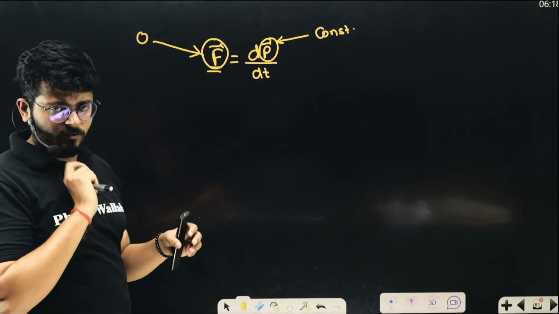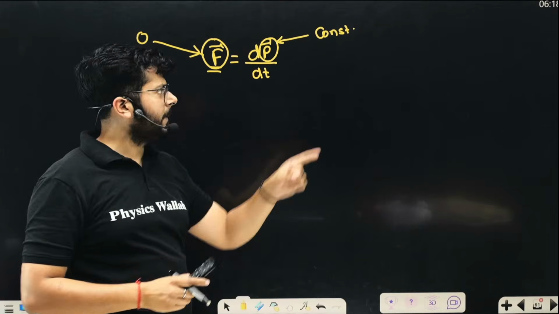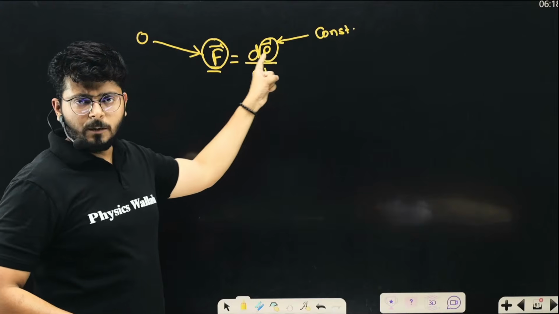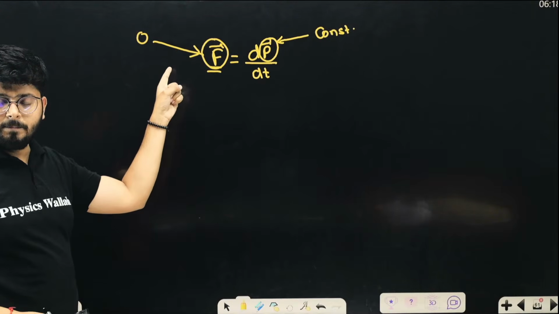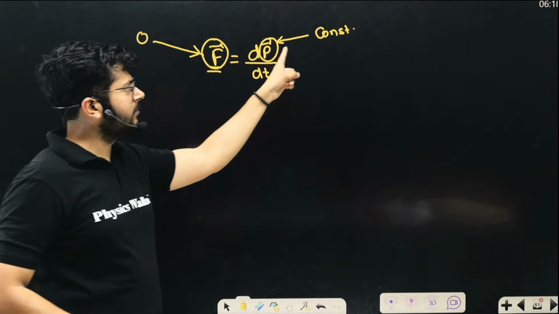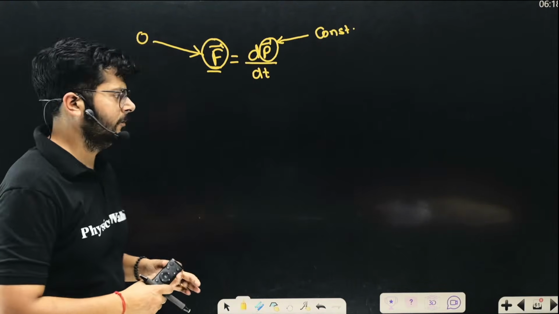So read it in this way. We can say if the momentum of the body is constant, that means there is no force acting on the body. Read it from here. If there is no force acting on the body, that means the momentum of the body is constant. Yes or no? Right.